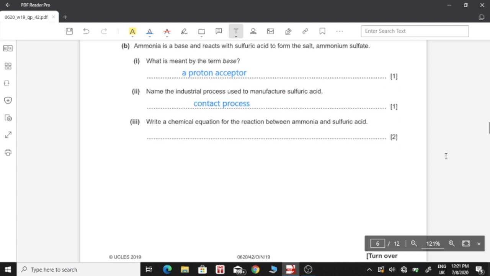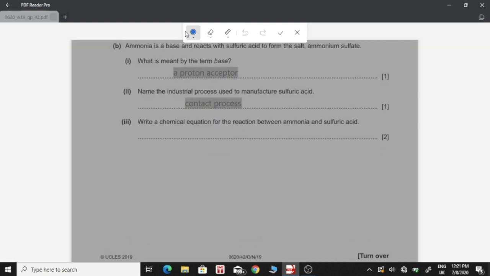Alright, part 3, write a chemical equation for the reaction between ammonia and sulfuric acid. Alright, so we have ammonia as NH3 with our sulfuric acid H2SO4. Now to form the formula of the compound, let's write the ions over here.